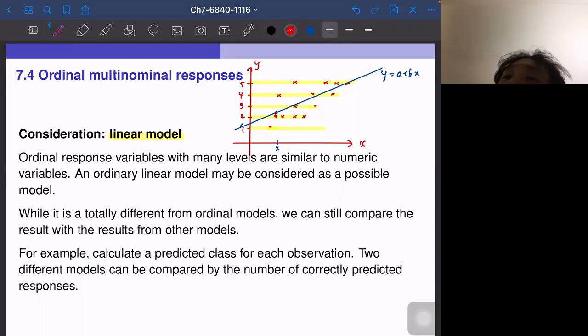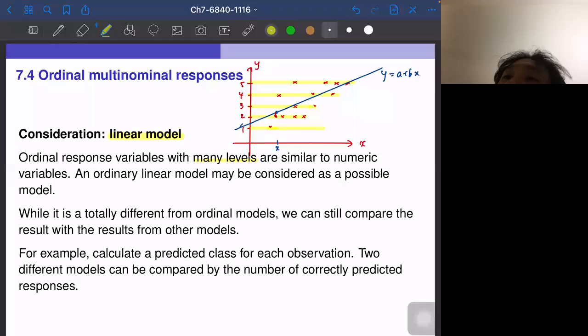An ordinal response is similar to numeric variables, especially if we have many levels. In the previous example, income was the predictor, but if we use income as a response variable, it has 26 levels in the presidential election data. In such a case, it makes sense to use that variable as a numeric variable.